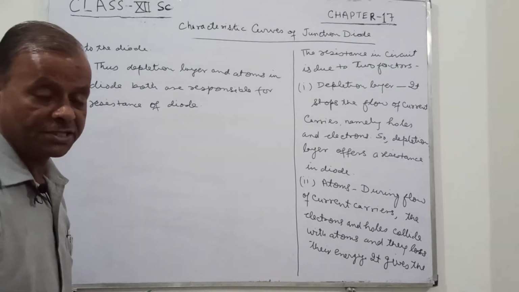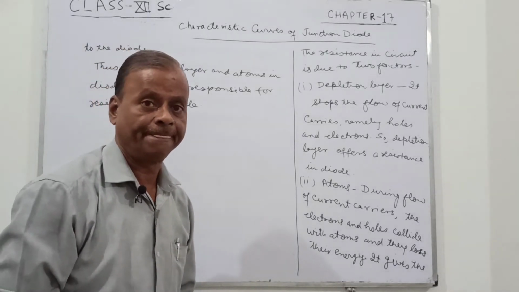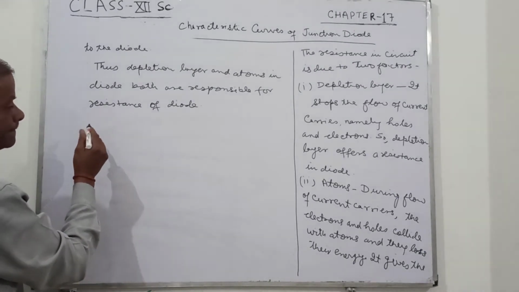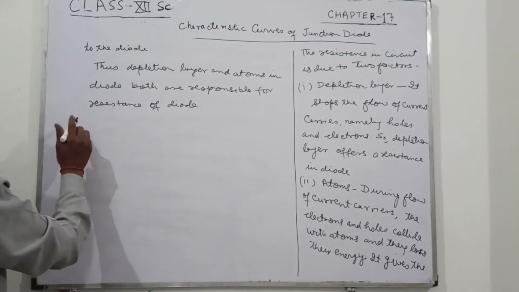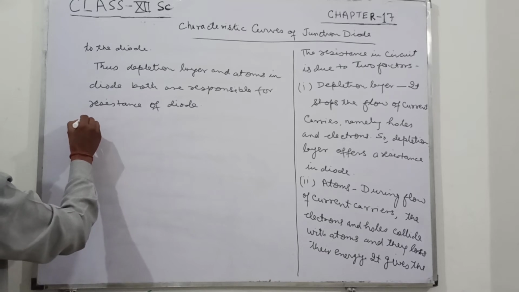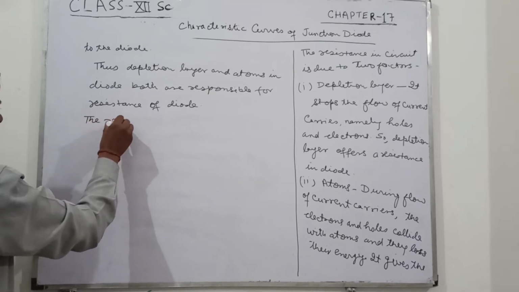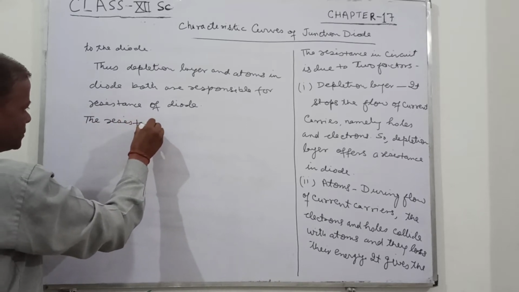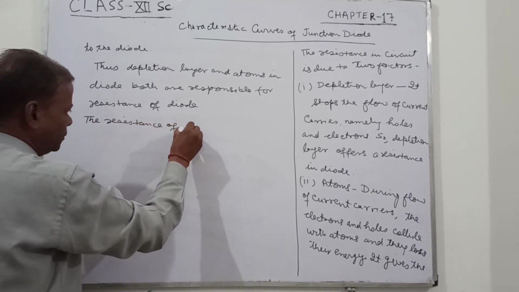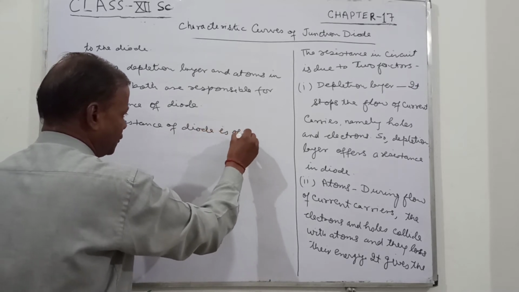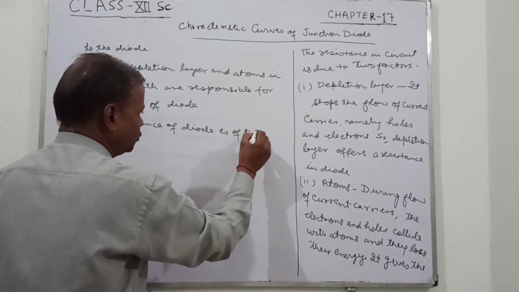And this resistance is actually of two kinds. The resistance of diode is of two types.